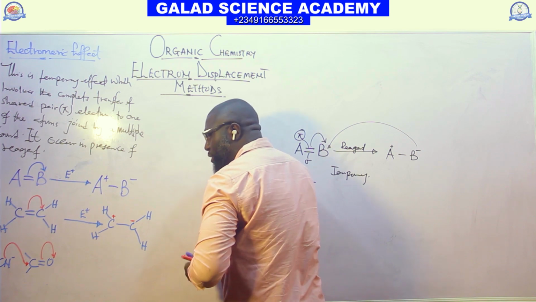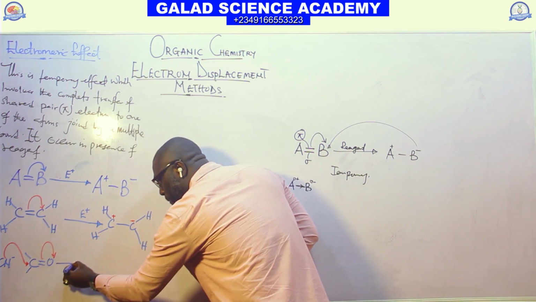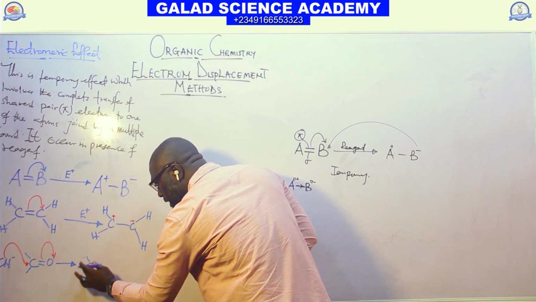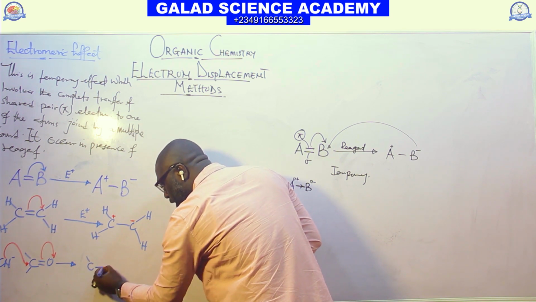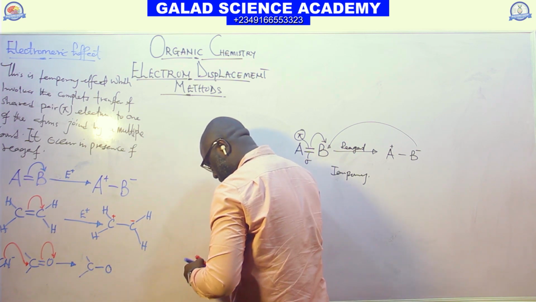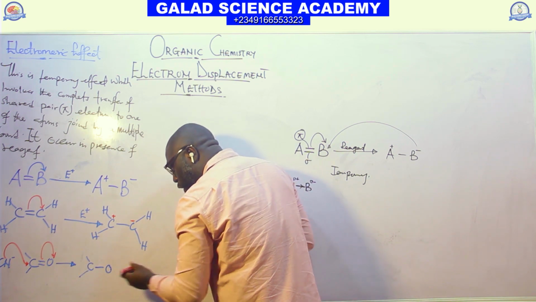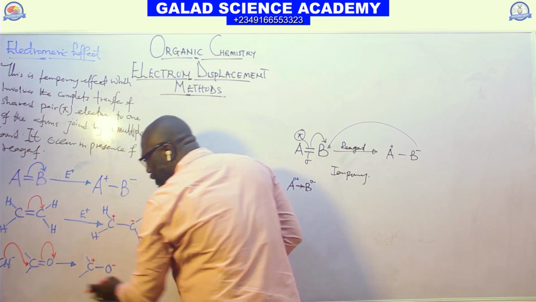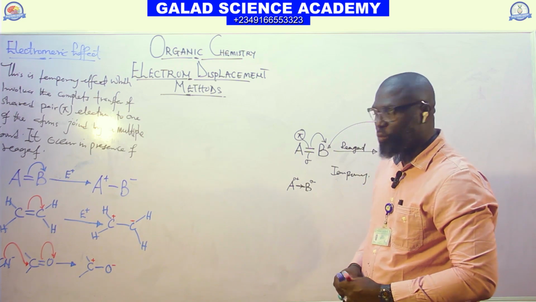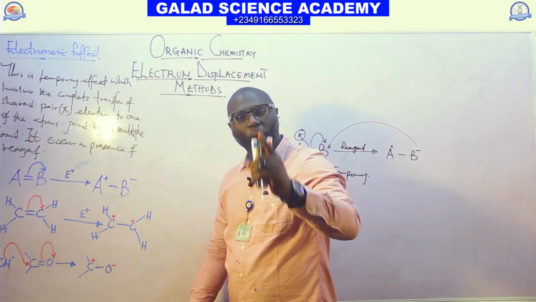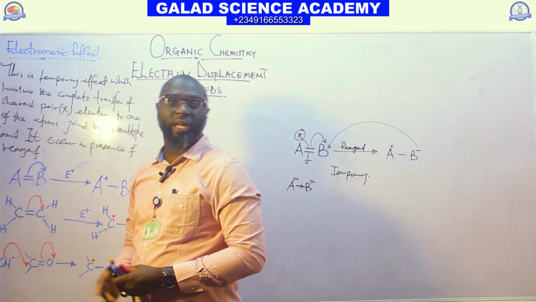Here the oxygen becomes minus and the carbon plus. This is another good example of the electromeric effect.